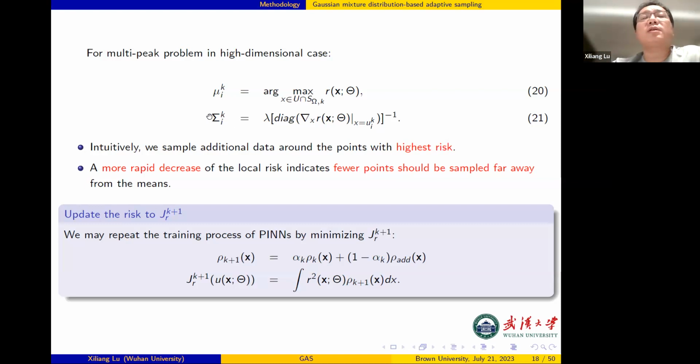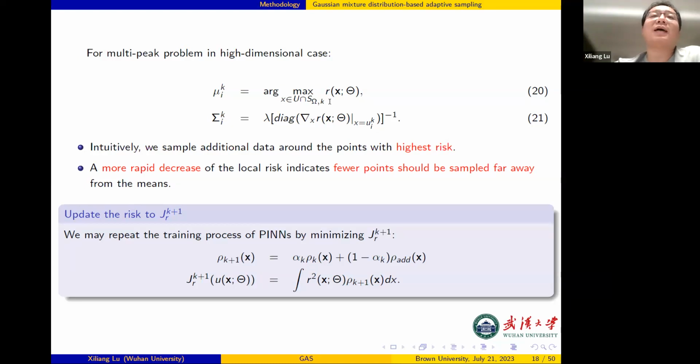And how do we determine the correlation matrix? We take the derivative of this R, take the diagonal matrix, and take the inverse. Compared with the existing methods, the similar thing is that we add points when the residue is large, but we also know how to control the covariance, how large the region around each point is.